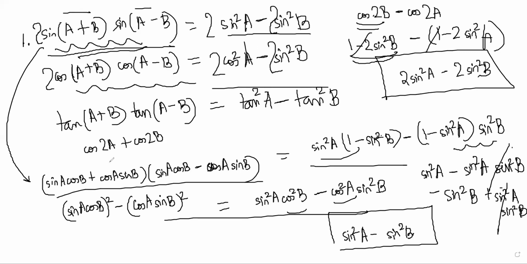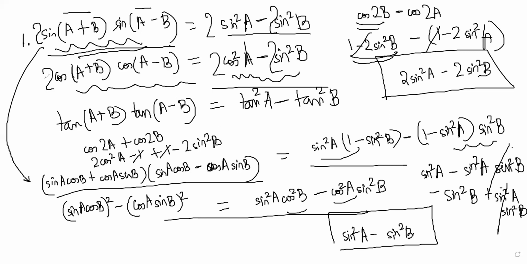Correct. So that is 2 cos square A minus 1 plus 1 minus 2 sine square B, right? Yes, sir. So minus 1 and plus 1 get cancelled and this becomes 2 cos square A minus 2 sine square B, which is what we wanted to prove.